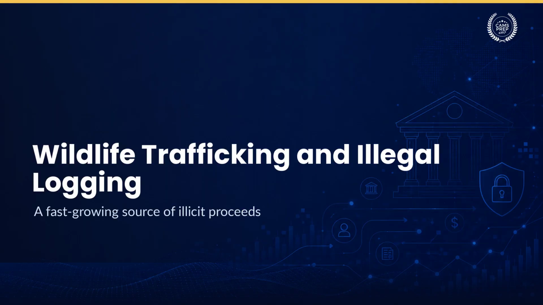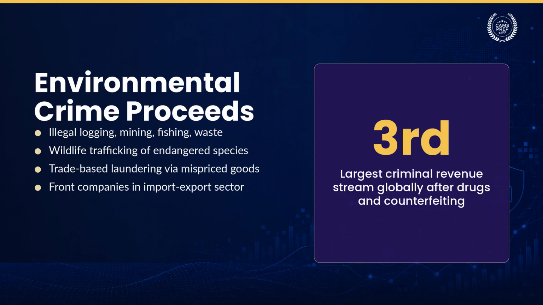Now let's examine environmental crime, a rapidly growing source of illicit proceeds that is increasingly tested on the exam. Environmental crime encompasses illegal logging, illegal mining, illegal fishing, and illegal waste trafficking. Wildlife trafficking, the poaching and trade of endangered species, is a particularly high-profile subset.